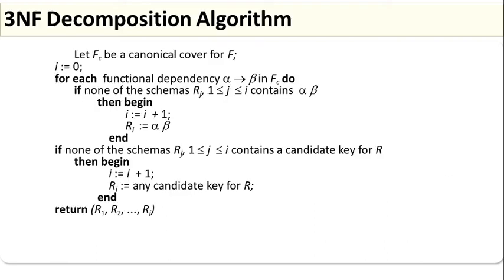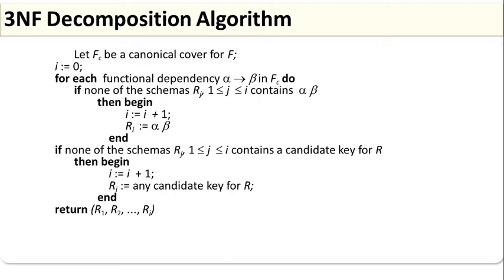Then let Fc be the canonical cover of F, and i equal to 0. For each functional dependency alpha to beta in Fc, if none of the schemas Rj, 1 ≤ j ≤ i, contains alpha beta, then i is equal to i plus 1, and Ri is equal to alpha beta.